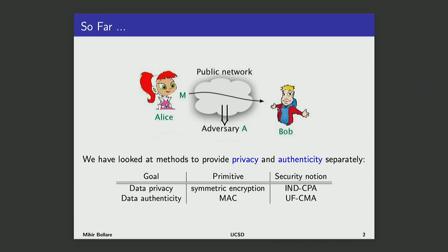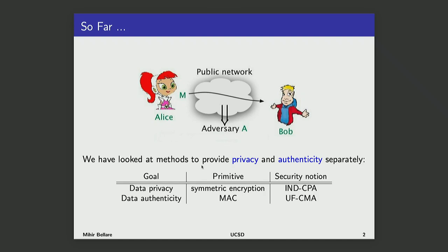And we've looked at two goals. First one is data privacy, which means that the adversary shouldn't figure out the content of what's sent. And we gave symmetric encryption as the primitive to do that, and we gave security definitions for it and schemes and so forth.